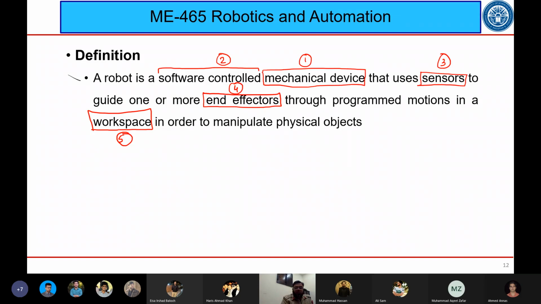And then what do they do in the workspace with all these five? They manipulate physical objects. So what does that mean?